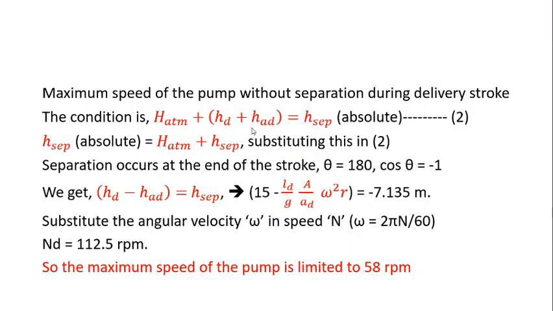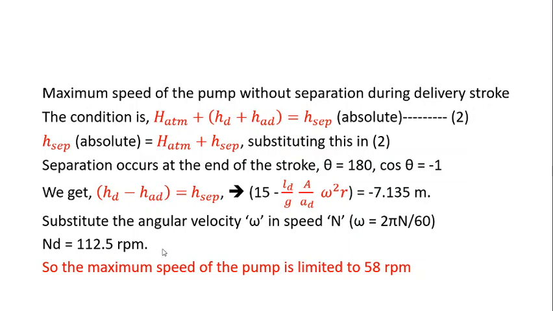See here, HAD is negative because theta is 180 degree. So we will get HD minus HAD is equal to H separated, that is 15 minus the equation for HAD is equal to minus 7.135 meters. Now substitute this value, you will get delivery speed is 112.5 rpm.